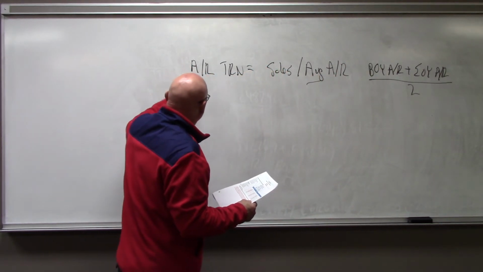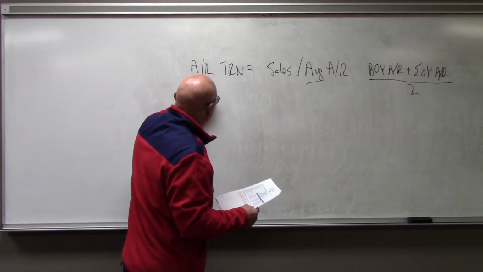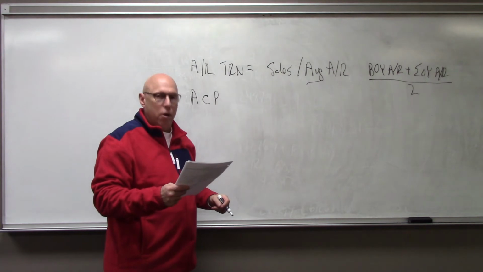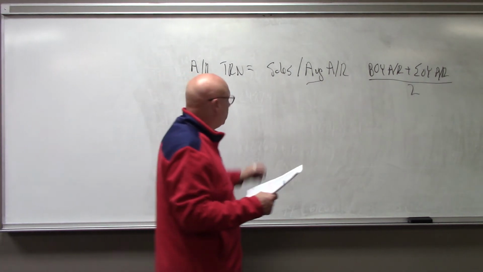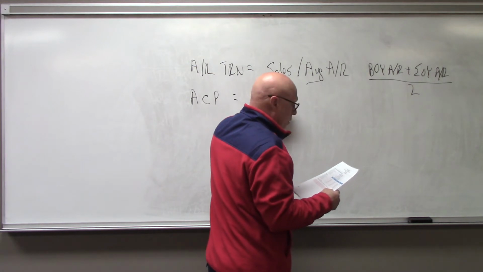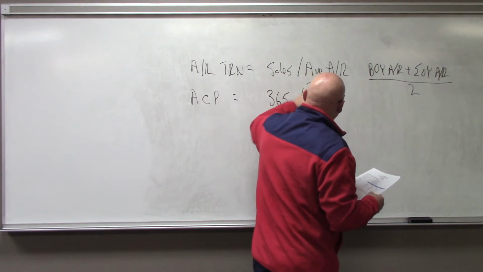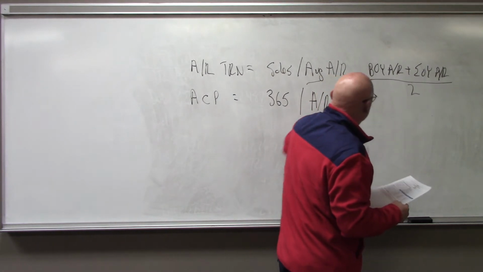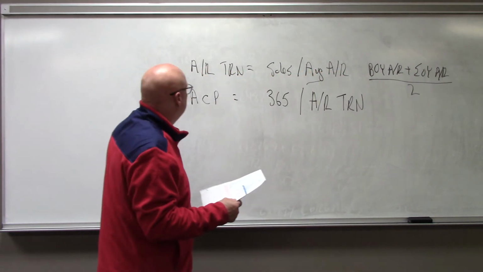Okay. Average collection period. How long does it take us to collect our accounts receivable? And the answer is 365 days in a year divided by the accounts receivable turnover ratio. Okay?